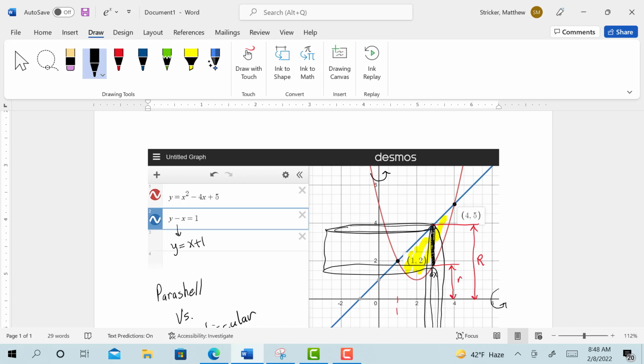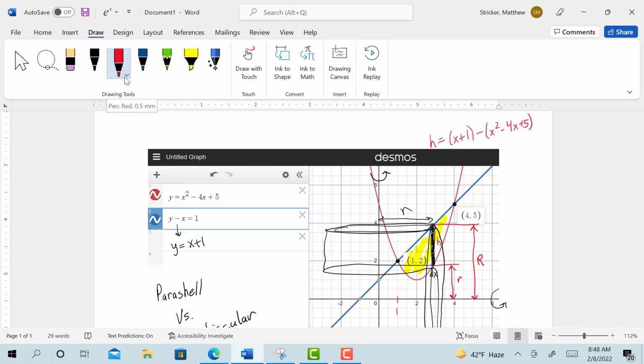Our radius here is r, and our height is the height of that representative rectangle, which is the difference between the blue function and the red function. h is the blue function, x plus 1, minus the red function, x squared minus 4x plus 5. That's our height.